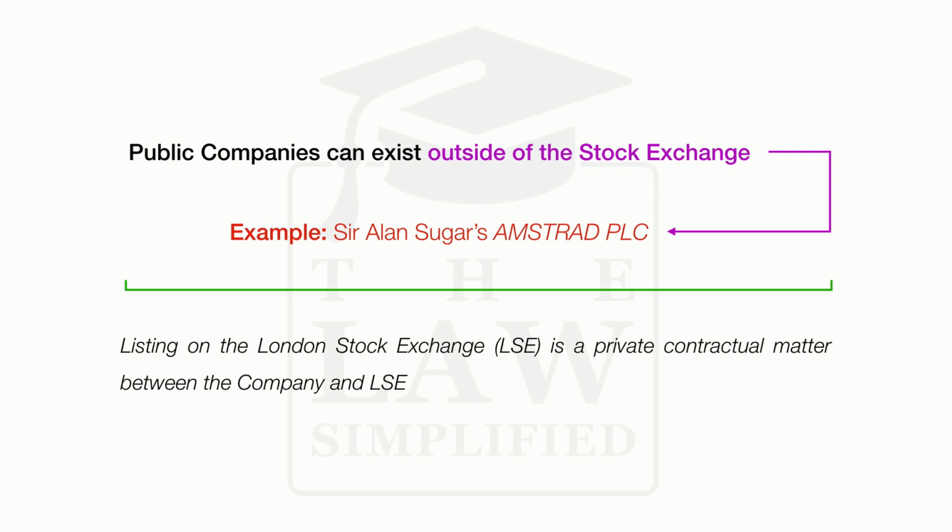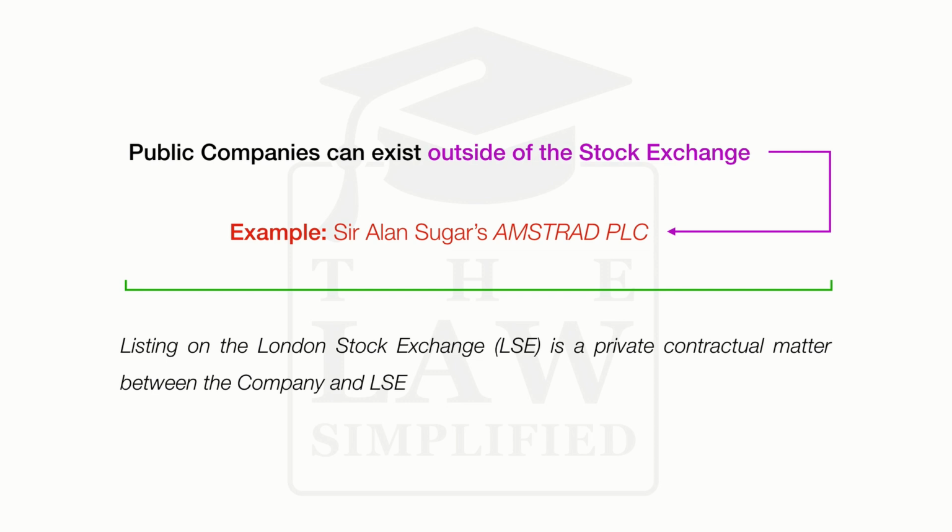The reason for this is that the London Stock Exchange, or any other stock exchange for that matter, is in fact a private entity, and it too has to have its own private contractual arrangement between itself, the stock exchange, and the public limited company. So it is in fact a choice. It provides better opportunities for the company to raise funds because it's a listing body that provides that information to a greater audience, but it need not be as such.